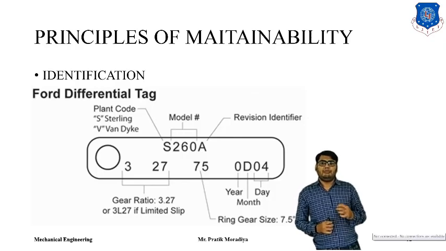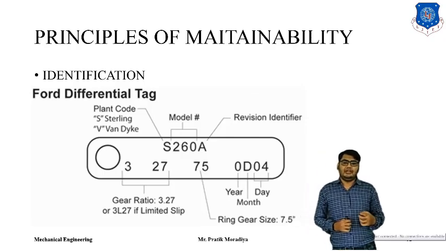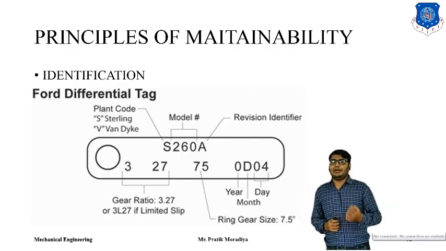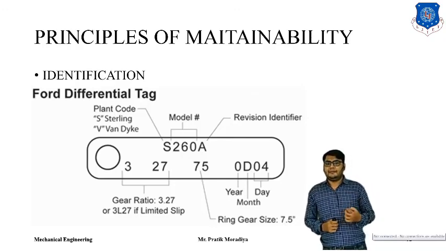So you need to give a part number or some type of code on every part, such that you will be easily able to identify which part has failed and which new part needs to be replaced.